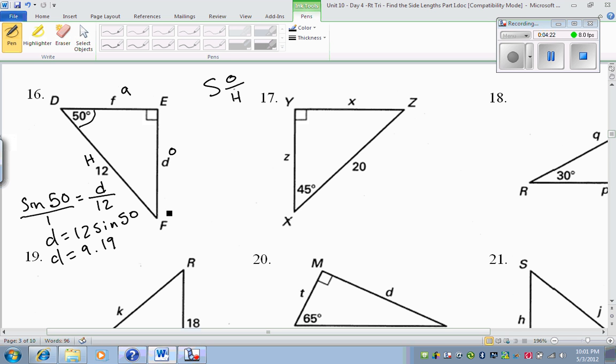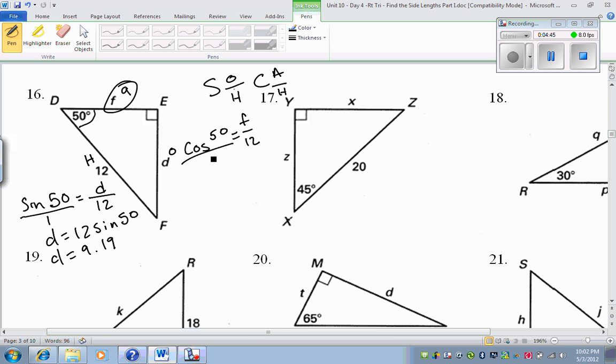9.19. Now I want to find F. Well, F has to do with adjacent. So that's cosine, because cosine has caught another horse. So cosine of 50 degrees is equal to adjacent, which is F, over hypotenuse, which is 12.